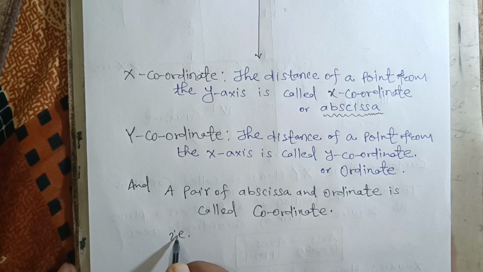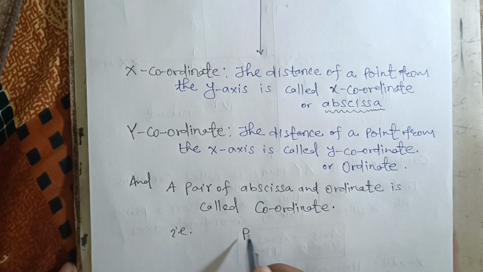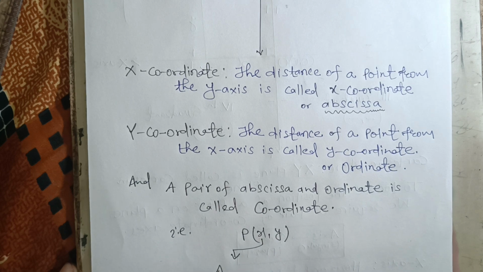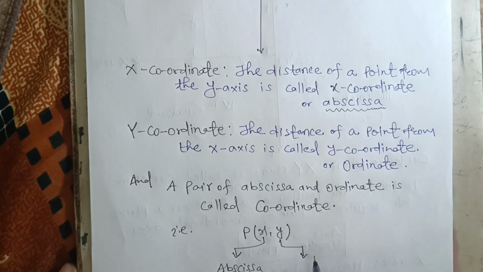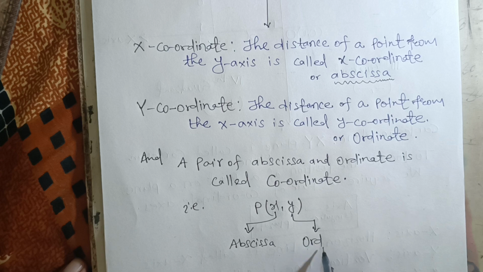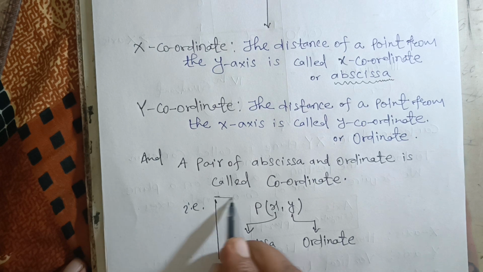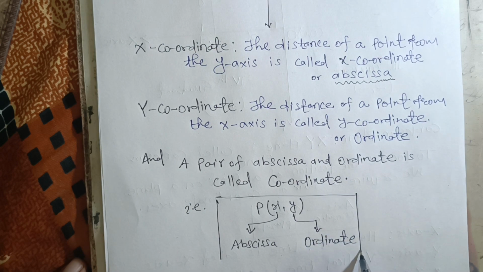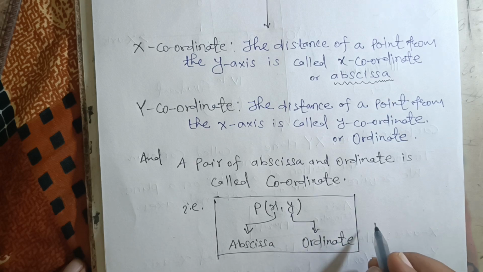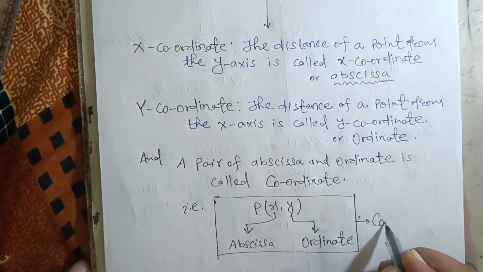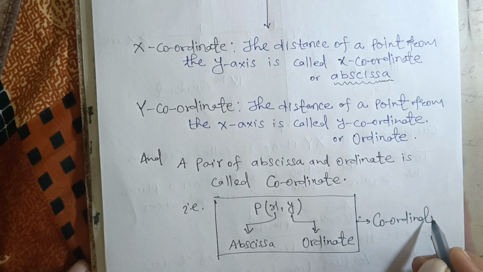That is, suppose P x y is a point, here x is abscissa and y is ordinate, and both together, x coordinate and y coordinate, are called coordinate.